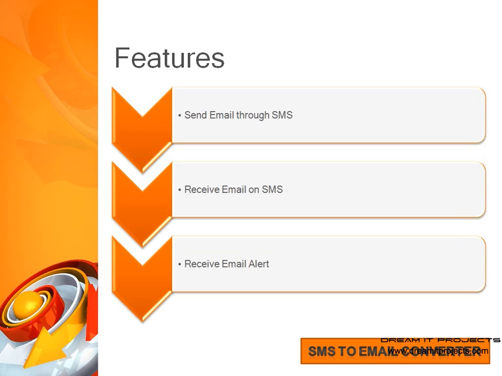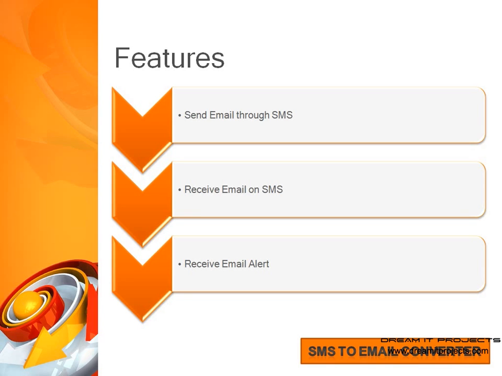Now the features it provides: sending an email through SMS, and receiving an email on SMS. If you have only one new email, it will send you the details of the email, like from whom it has been sent and the subject line. It will not send the body because the body may contain around 400-500 characters, so it's very difficult to send the entire body in an SMS.